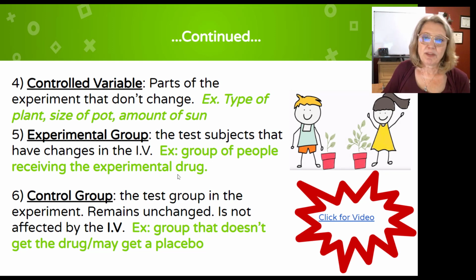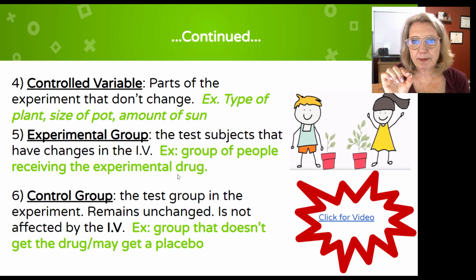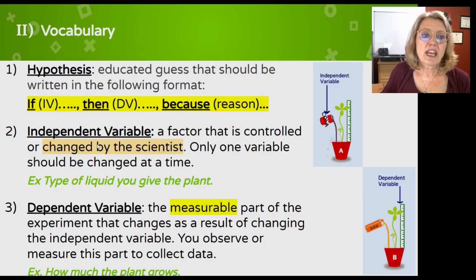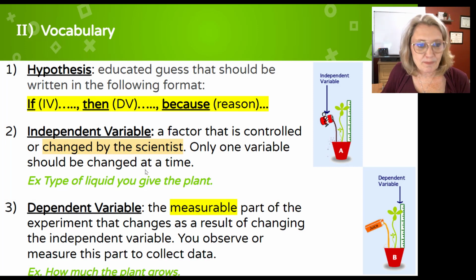Controlled variable. In most experiments, we are supposed to only change one variable at a time. Every other part of the experiment that could be changed actually has to stay the same. All right, so in the lesson back here, independent variable, we have decided to change the type of fluid or liquid we are giving the plant.